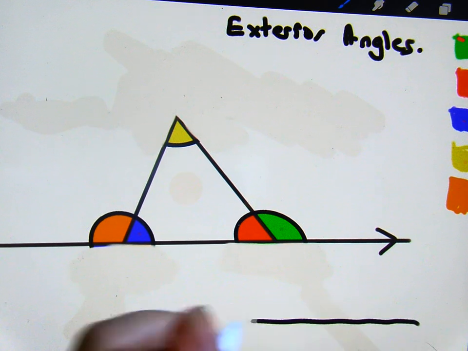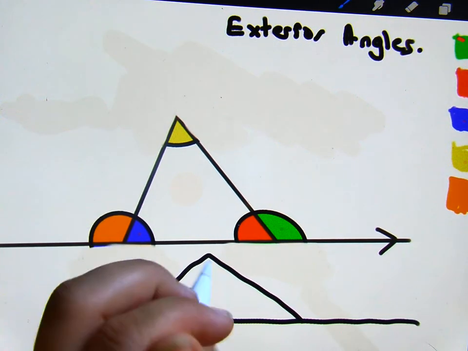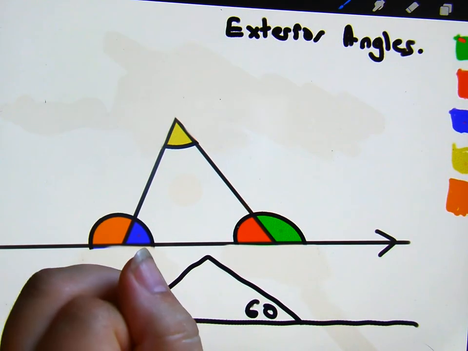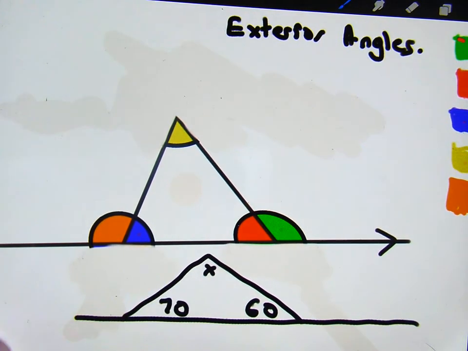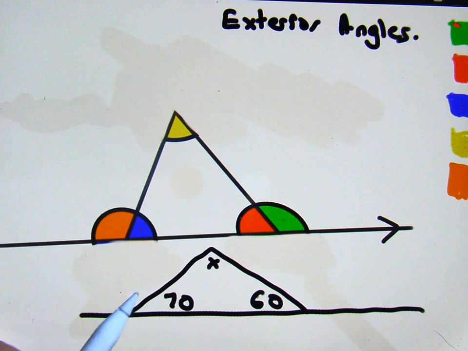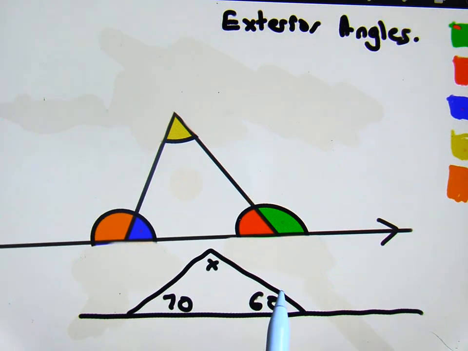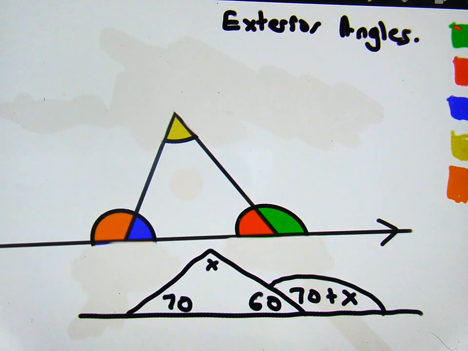So what that means is that if I had another little triangle here, and I said this angle here was 60, and this angle here was 70, can I find x? The answer is yes, and you can do this one of two ways. You can either say, well, all these added up to equal 180 because that's the triangle sum conjecture, or you can also say, well, this angle here must add up to equal 70 plus x, and together they all add up to equal 180 degrees.